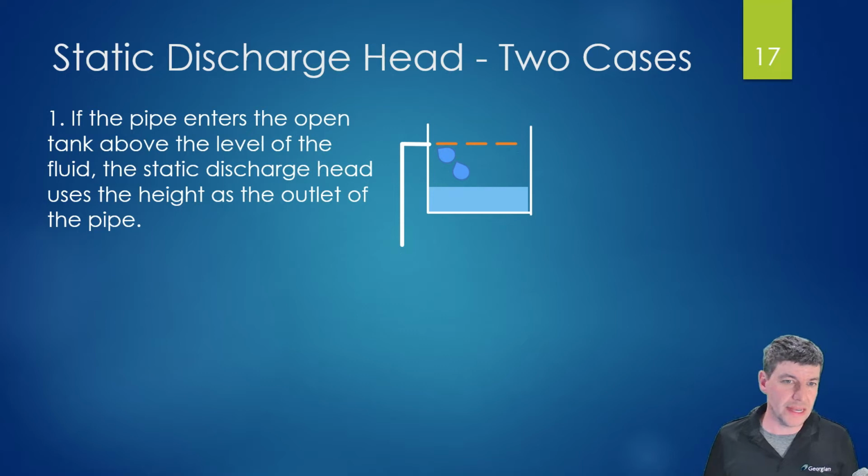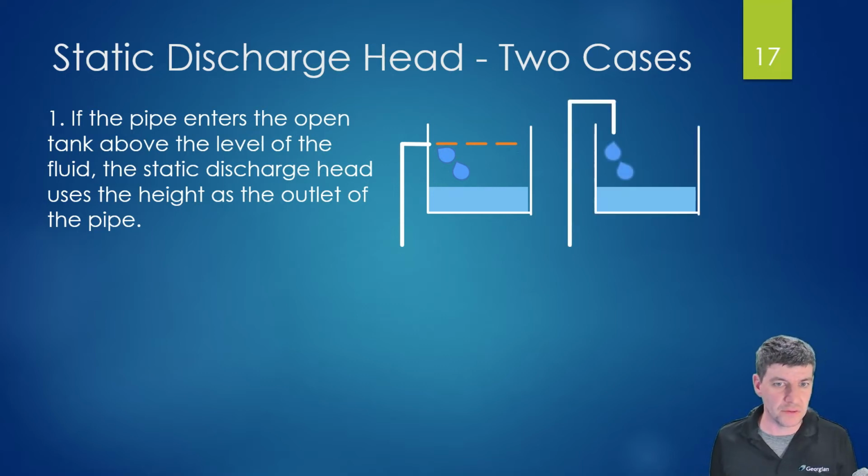We also could have a case where we have a downward spout, okay, a siphon type arrangement, and we wouldn't take the very highest point of this system. Because of the siphon action, we would take the point where the fluid leaves that pipe. Okay, so whatever the outlet of the pipe, as long as it's above the water level.